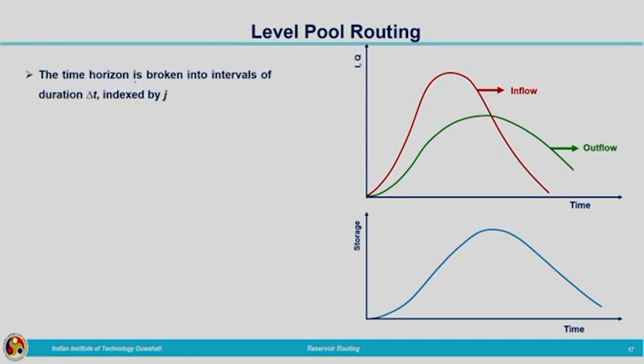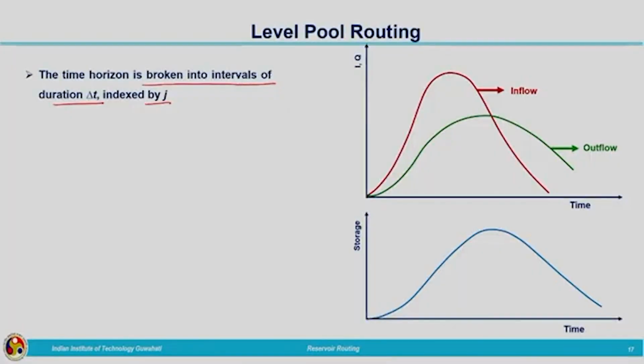The time horizon is broken into intervals of duration delta t indexed by j. That is the inflow hydrograph. From the inflow hydrograph, we can understand that it has a certain time base: as time increases, a rising curve occurs, then the peak is attained and then it reduces. The recession curve has started, and finally the flow reaches zero. So, we know how the inflow varies as time elapses.